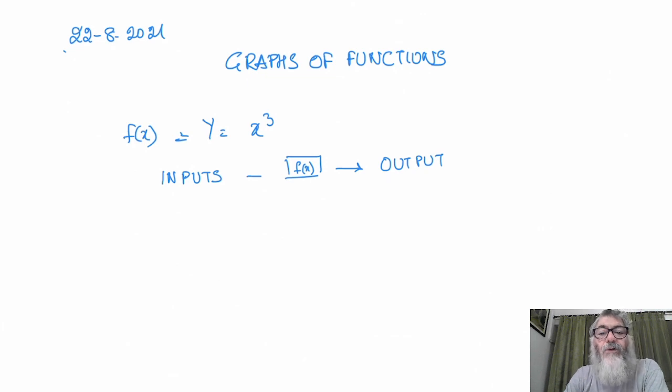Today we are going to also delve into domain and also the range of the function. The input values will be the domain, and output values will be the range of the function. It's also true for a relation: domain, codomain, and range. So we are talking in terms of functions.